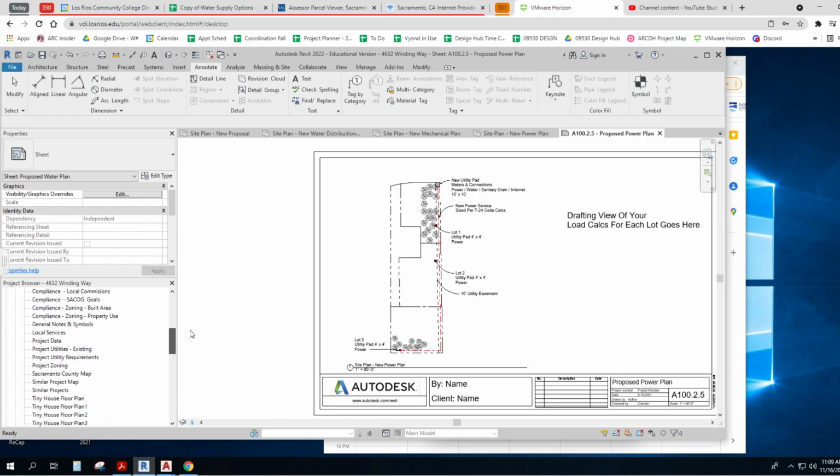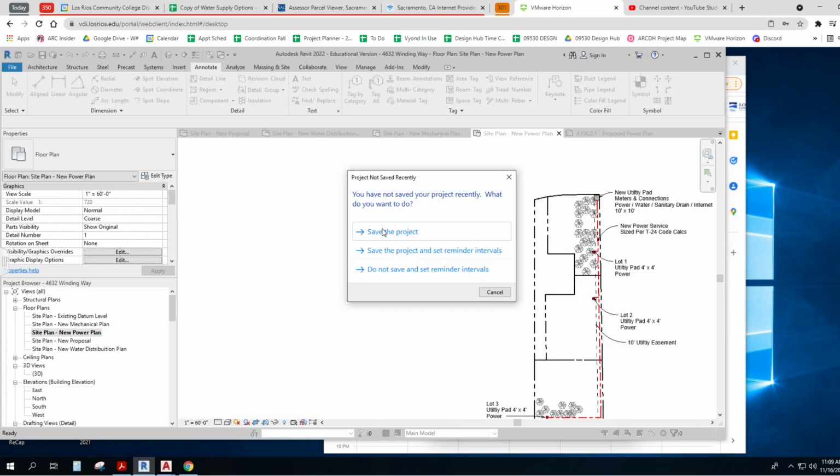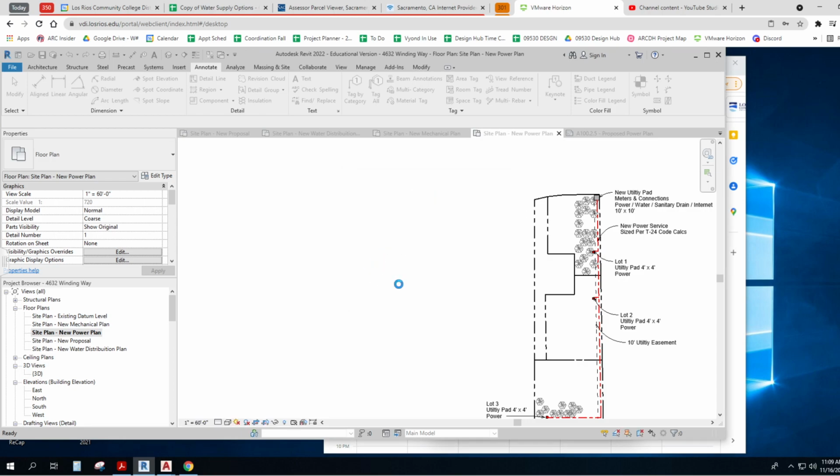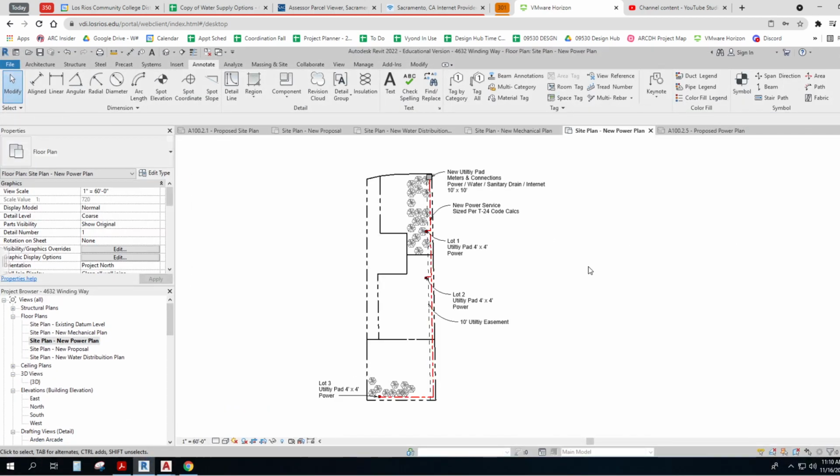To do that, I need to go all the way up to the top to my plans, and I took my new proposal and I made a duplicate of it and called it new power plan. And I just erased some stuff that I didn't really think I needed, because this is just trying to show where things go and what you're thinking about for this.